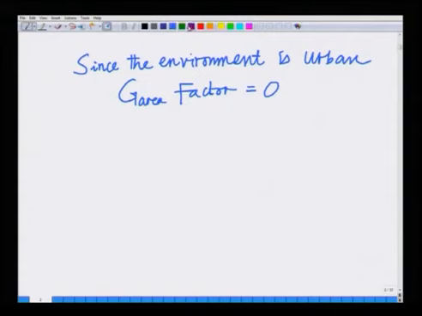Hence, we now have all the components needed to compute the 50th percentile path loss.